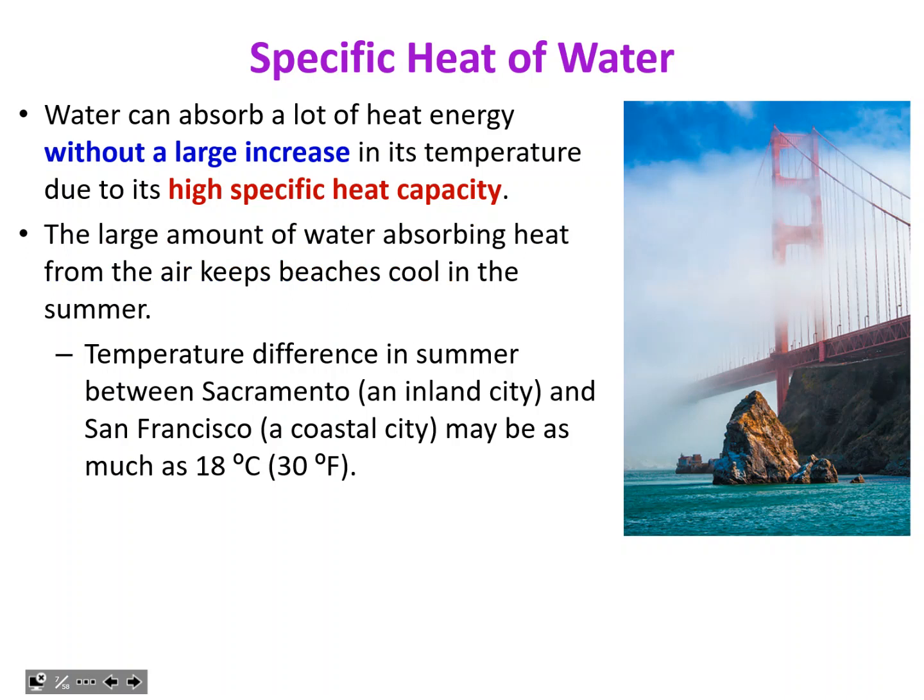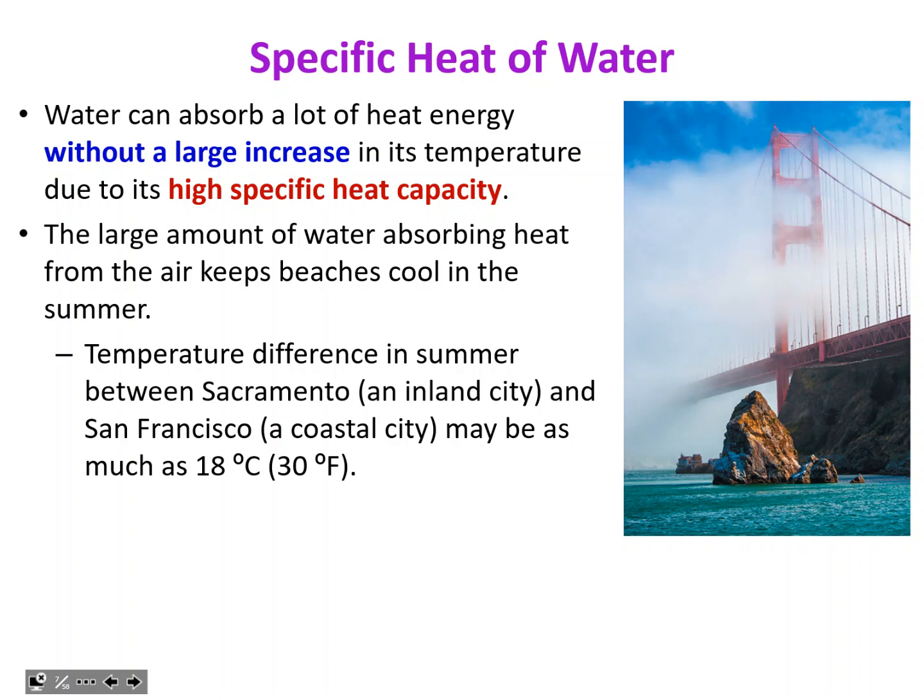There is a lot of difference in the sway of the temperature during the day. There might be as much of an 18 degree swing in the summer for Sacramento than there is for San Francisco. Why? Because San Francisco has the ocean right next door, which helps moderate the temperature.